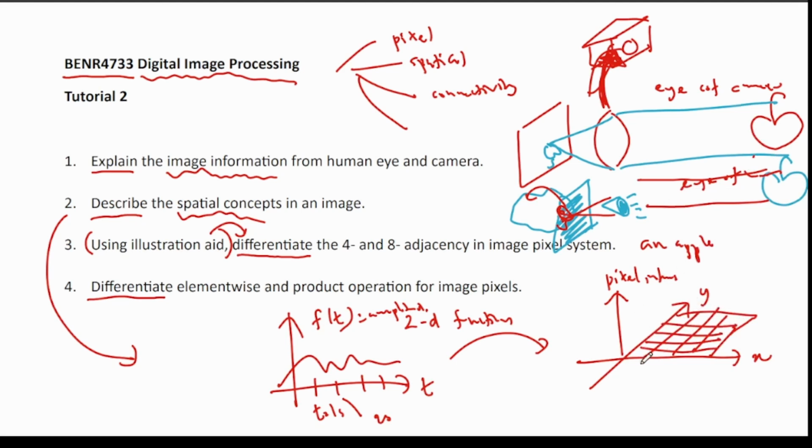So this is X, this is Y. So then the location of X and Y basically has an intensity. So for example, this is pixel 1 and 1. So basically, talking about the intensity, this pixel has that particular height. So the next one is this height, and so on.